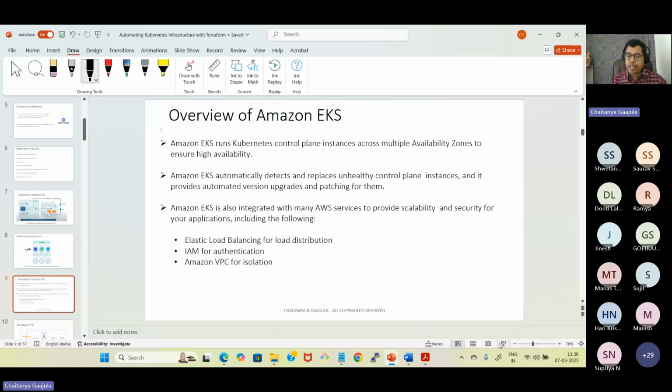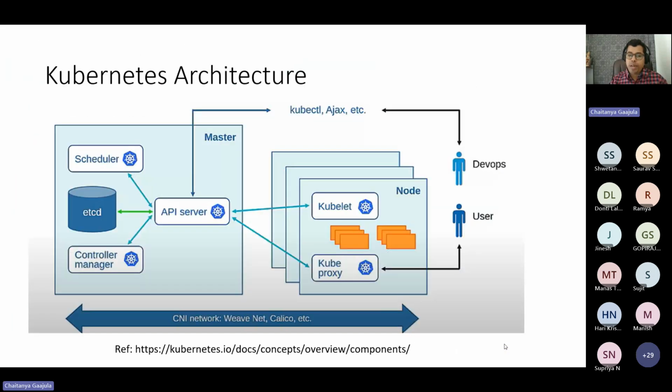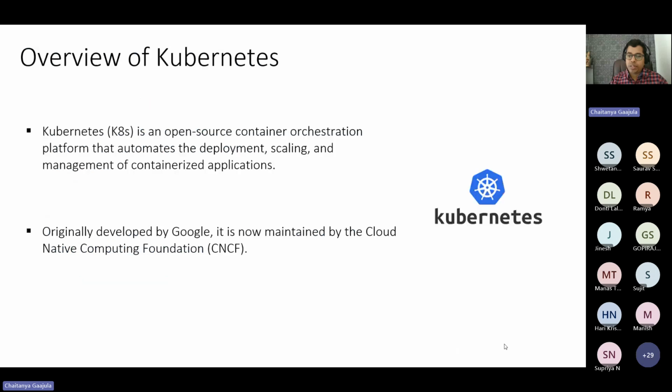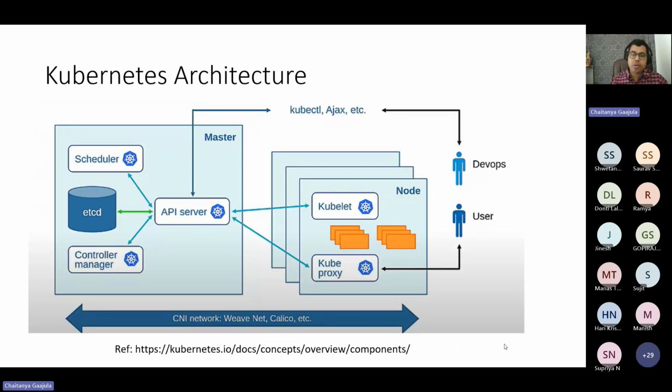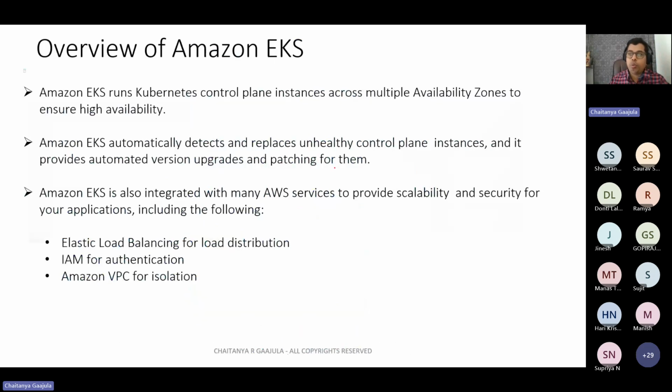Now, what's EKS? Very brief. When you want to manage all these, for example, let's consider that you want to create the master and do all these things, it is too much management in an enterprise. And if you are a development company, you do not want to manage the manager. So this is where we can go for Amazon EKS, which is platform as a service. In the cloud, they manage the manager.